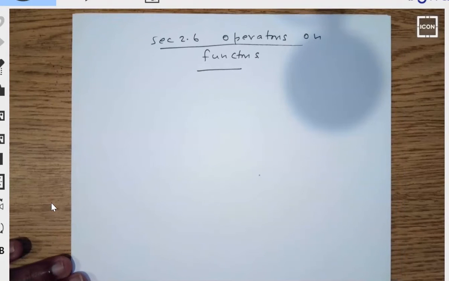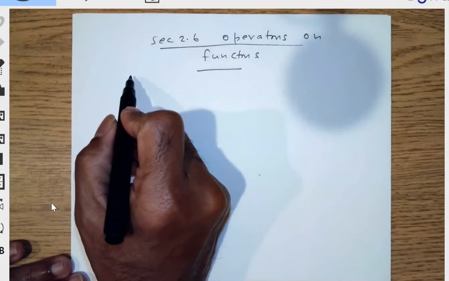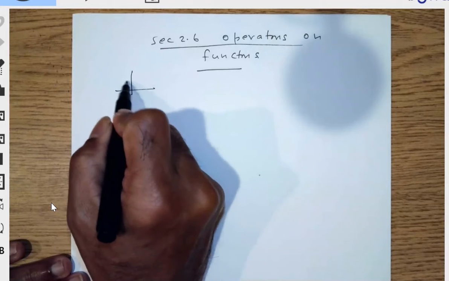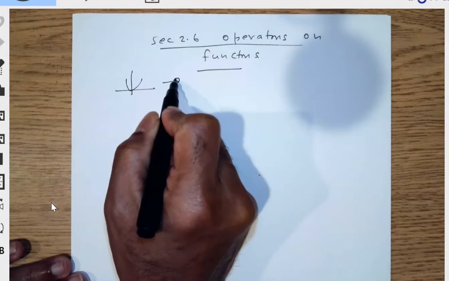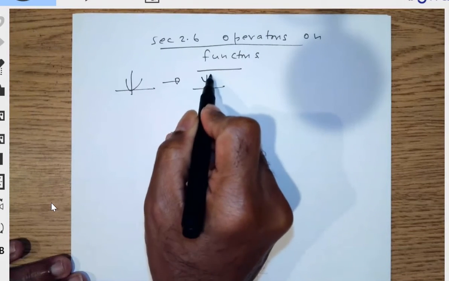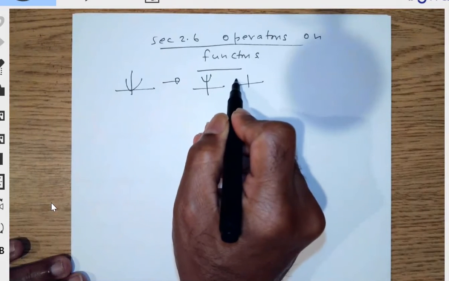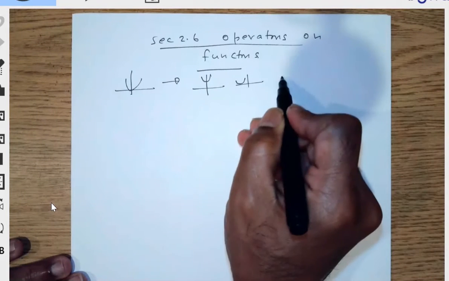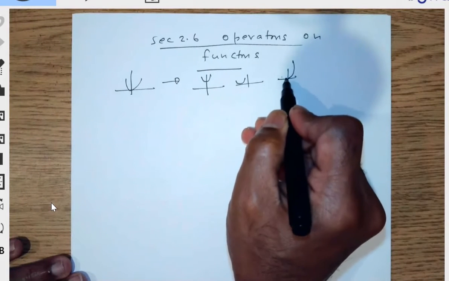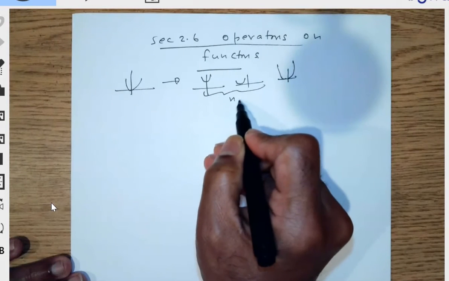So this is my video on operations of functions. In the last section, we learned that if you have a function as a graph, we can get different other functions by shifting to the left and stretching, so new functions from old.